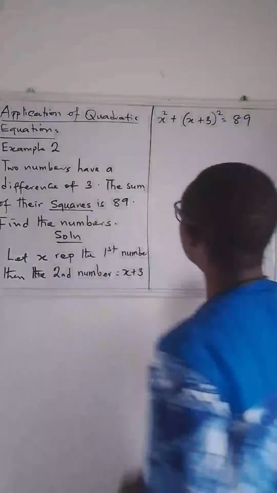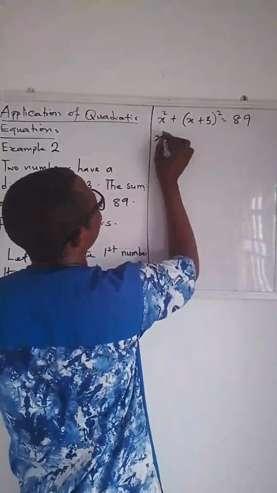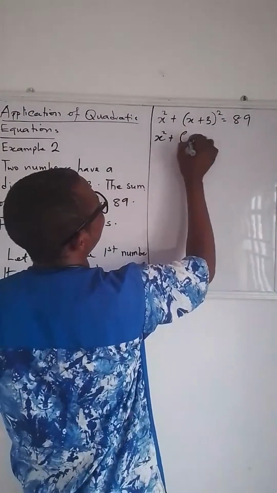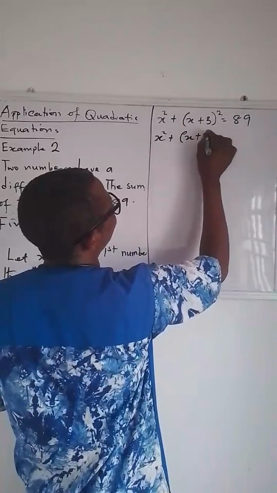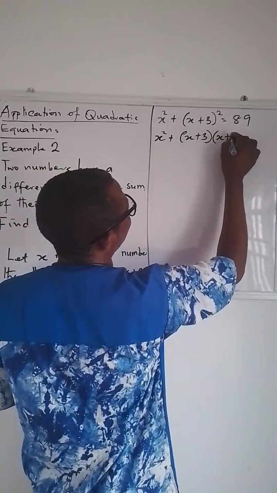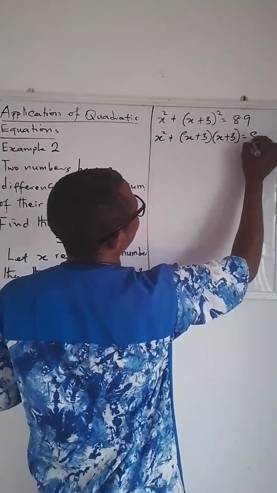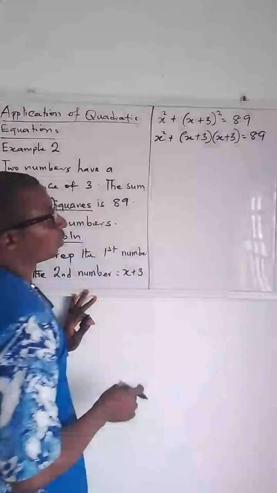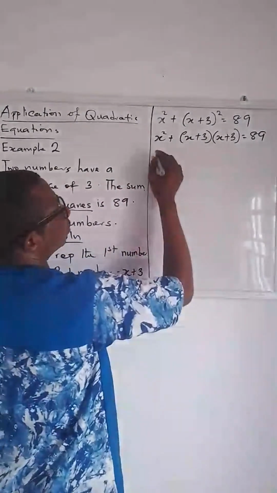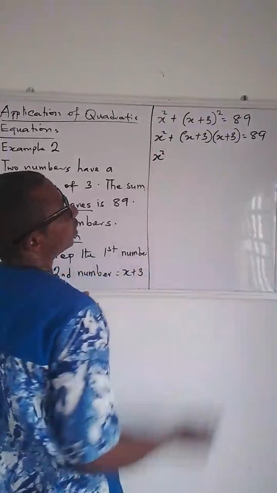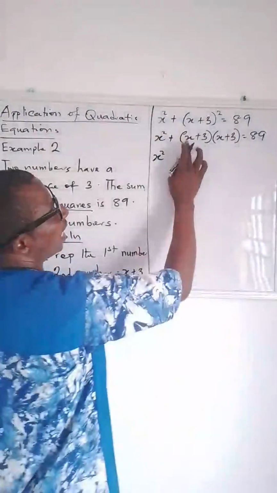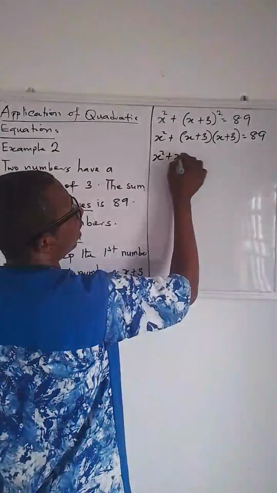Now you have x squared plus (x + 3)(x + 3) equals 89. All right, so we can go ahead and expand this. x times x is x squared.